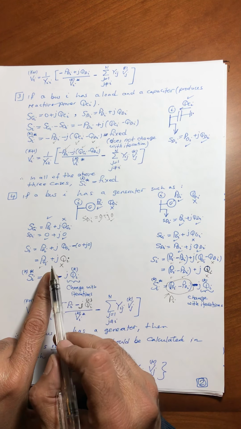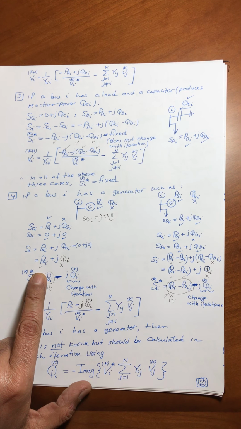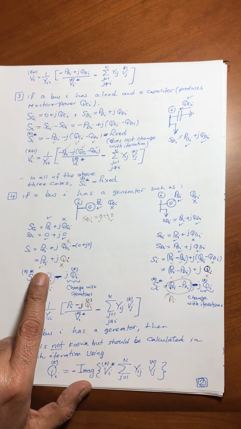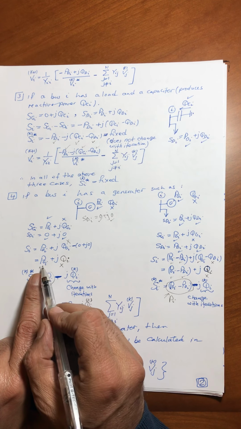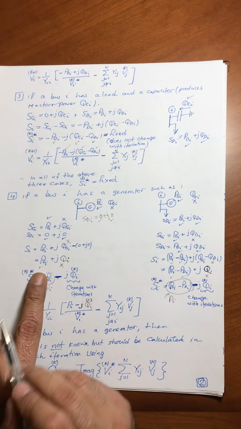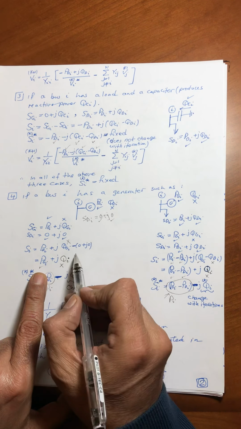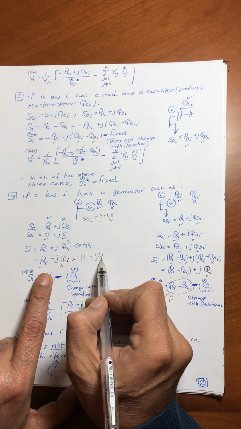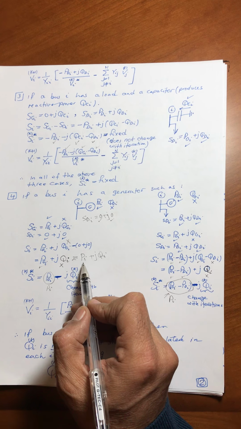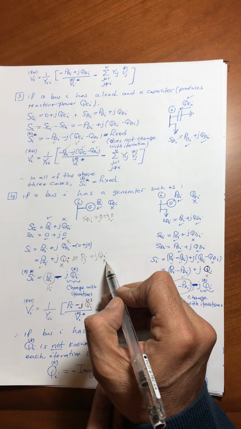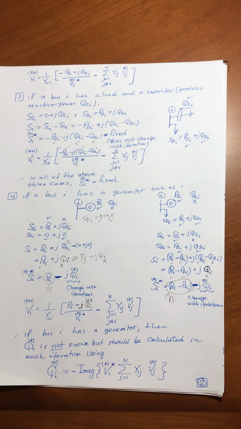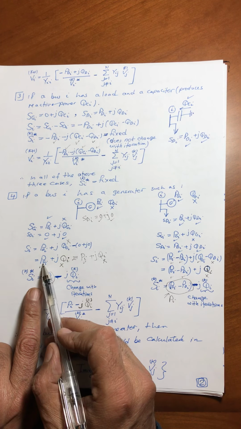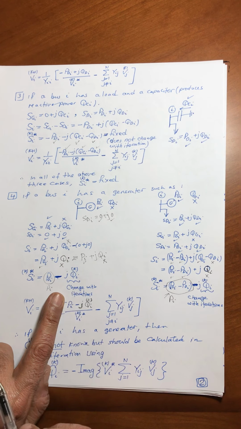Here, as we notice, PGI is known, QGI is not known. So PGI, which is the same as PI, this is also the same as PI plus jQI. Net injected real power at bus I is known, but this is not known. So SI conjugate is PI minus jQI.